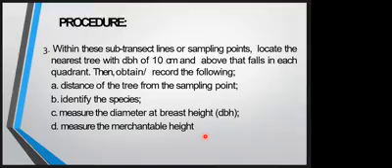Then obtain or record the following. So 10 cm, no? Then the distance of the tree from the sampling point. Identify the species. Then measure the diameter at breast height and measure the merchantable height.